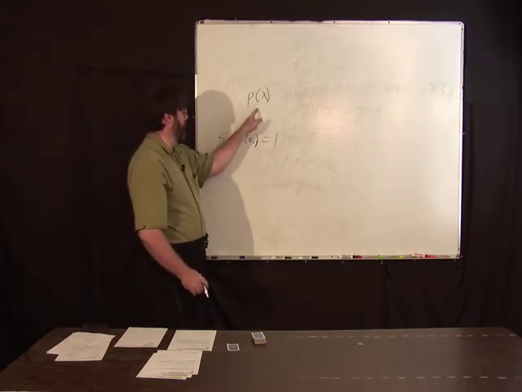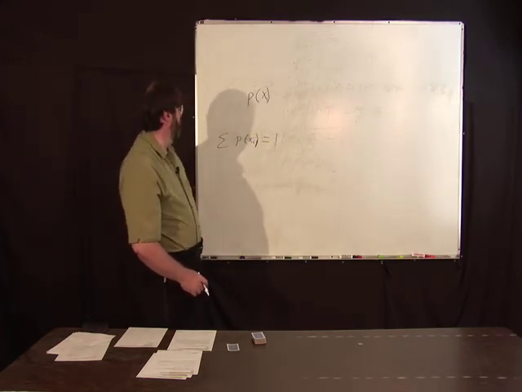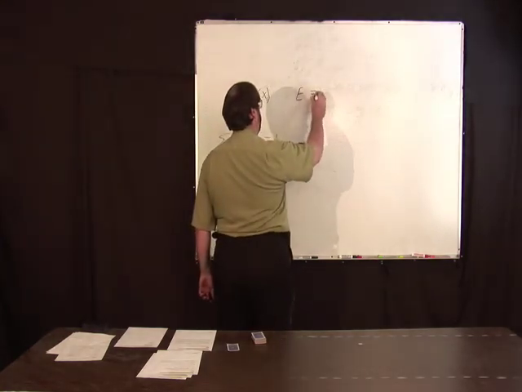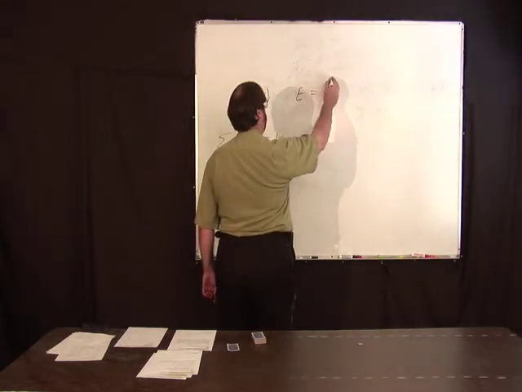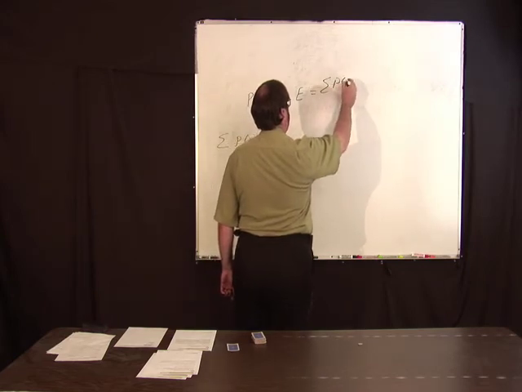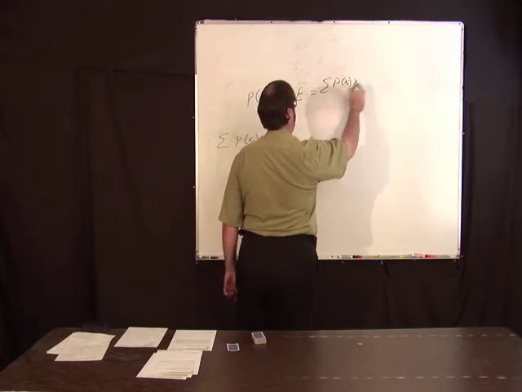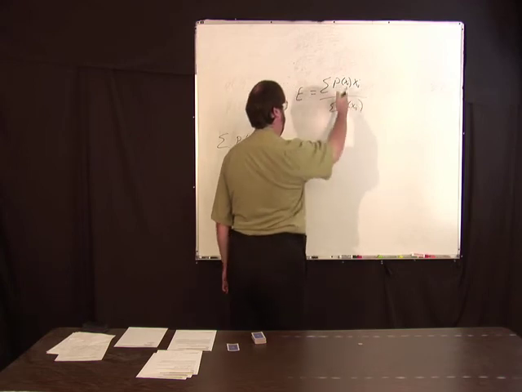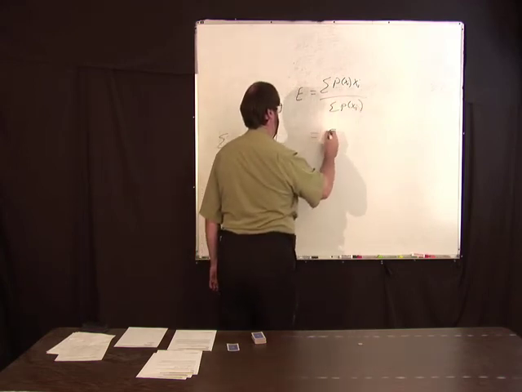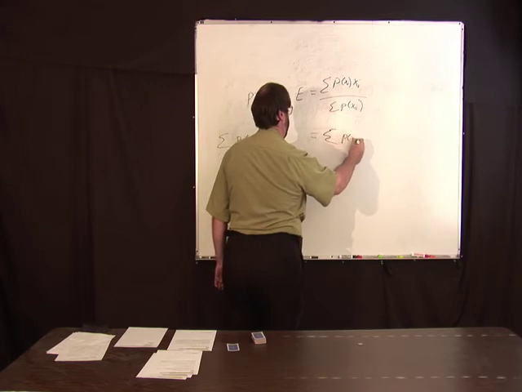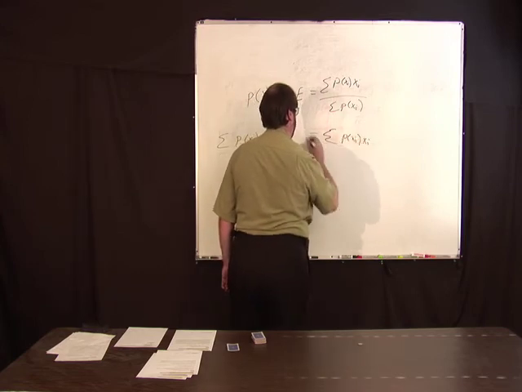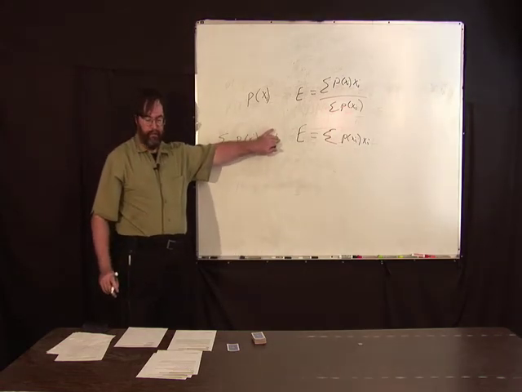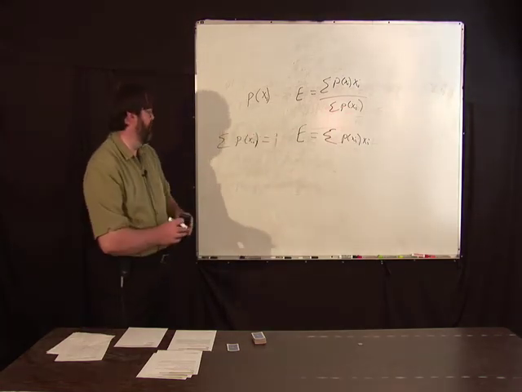Well, what if we took the weighted mean, weighting by the probabilities? We'll call this E for expectation. It's the sum of p of x_i times x_i over the sum of the probabilities. But that sum equals 1, so it's just the sum of p of x_i times x_i. That value is called the expectation. It's the value you expect to get from a measurement.